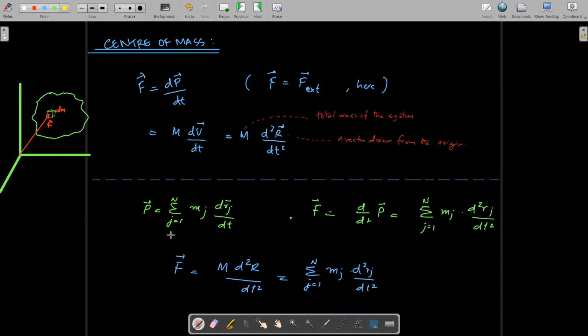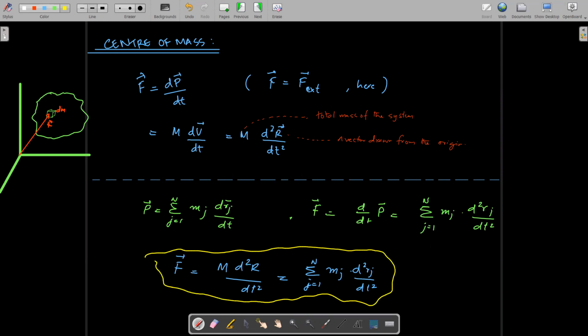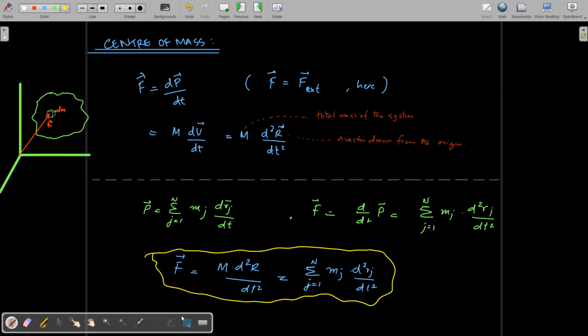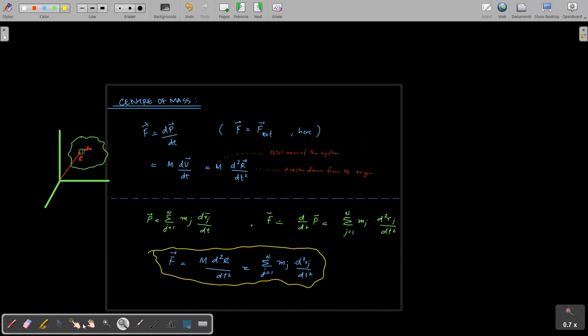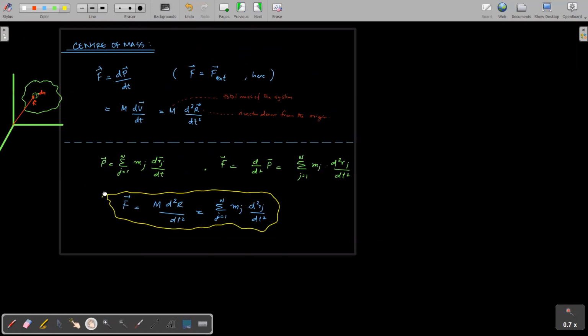So this is the equation that we are getting by equating the two, right? Let's analyze this equation.